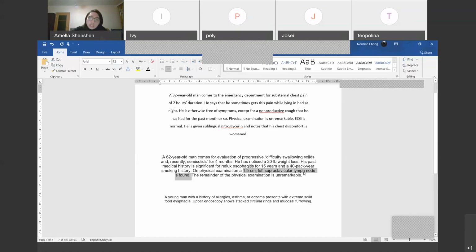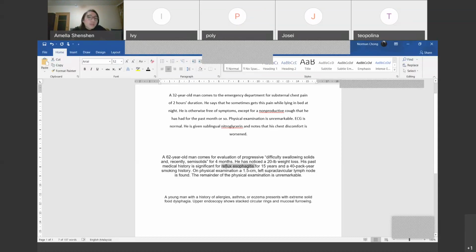If it's metastasis, this is what we talked about earlier on, Virchow's node, right? On the supraclavicular area. The rest of the examination is unremarkable. So you see here, first problem, reflux esophagitis.